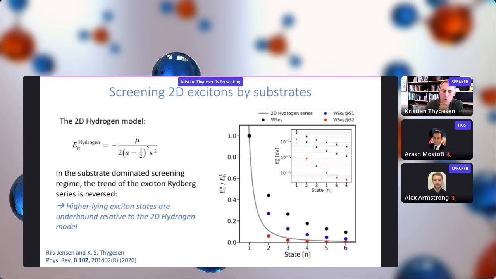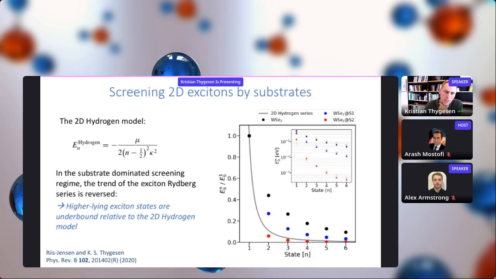of the Rydberg series. So before, when the 2D material is on a weakly screening substrate, which has been in 99% of all the experiments performed so far, you see that the binding energies of the excitons are larger than predicted by the 2D hydrogen model.